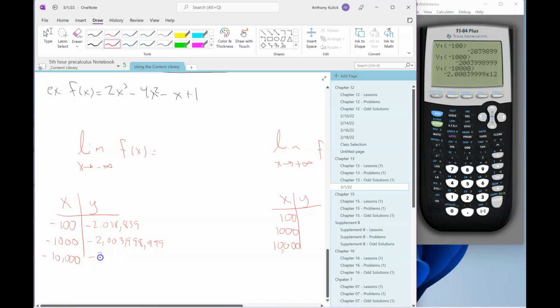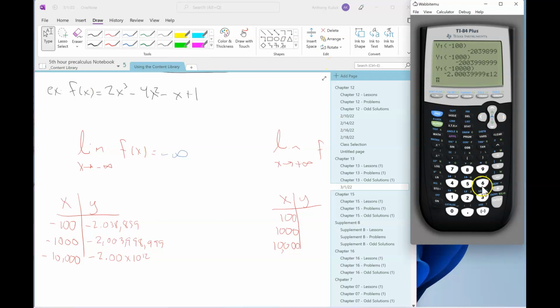And then I got 10 to the 12th. What is that? That's like 12 zeros. So that's thousands, millions, billions, negative 2 trillion, I think, is what that comes out to be. Woof! What's going on here? Where are we heading towards? Negative infinity, right? That's getting super negative. Very, very small.